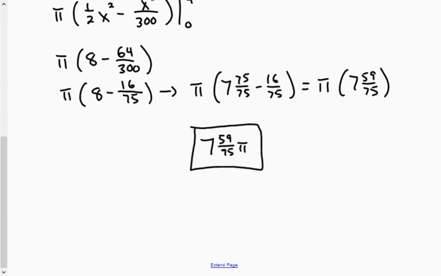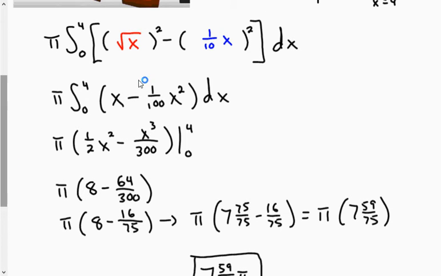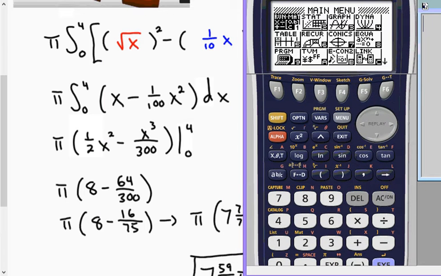Okay, now I could have also done this on the calculator. Once I got my setup here, I could just plug that in the calculator. And let's check this. I'm going to leave the pi out for right now.